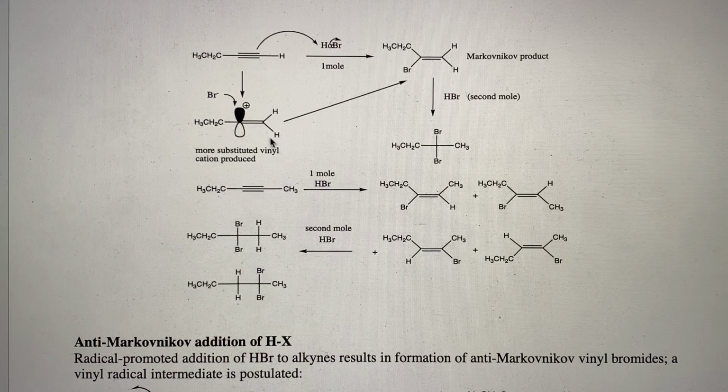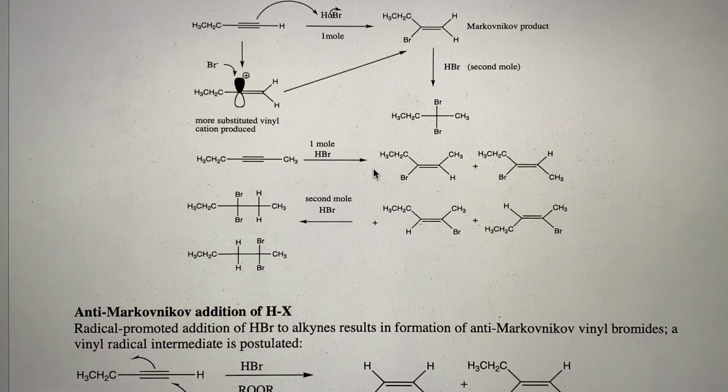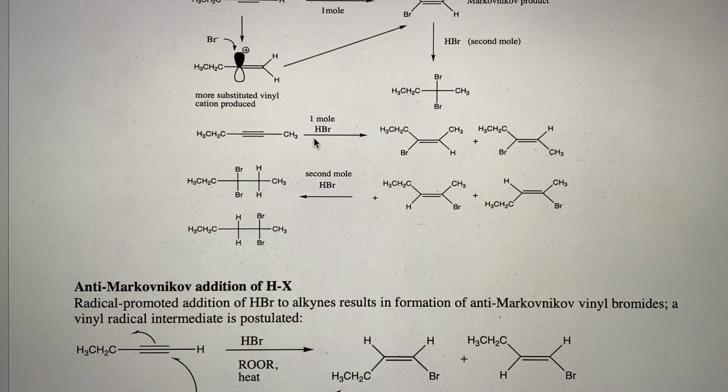And then the Br minus will be added there. If you do it 2 times, they still go the same way, so they don't spread out. The hydrogens still go outside and the 2 Br go to the more substituted carbon. So the bottom line, if you do 1, you can get addition cis or trans, or if you do 2, the 2 Br will be on the same carbon.